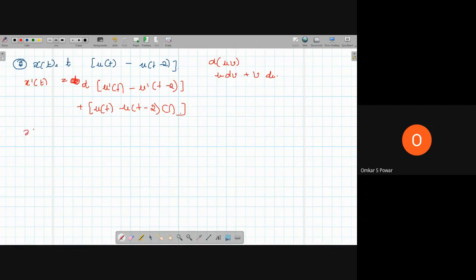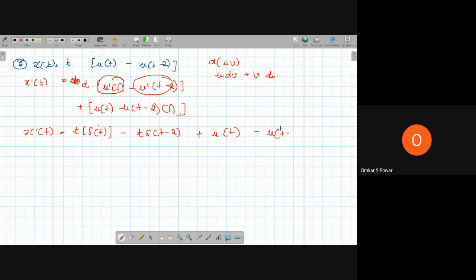Okay, now x dash of t is equal to t into del of t minus t into del of t minus 2 plus, because derivative of unit step is del. Okay, so that you have got this one, plus u of t minus u of t minus 2.